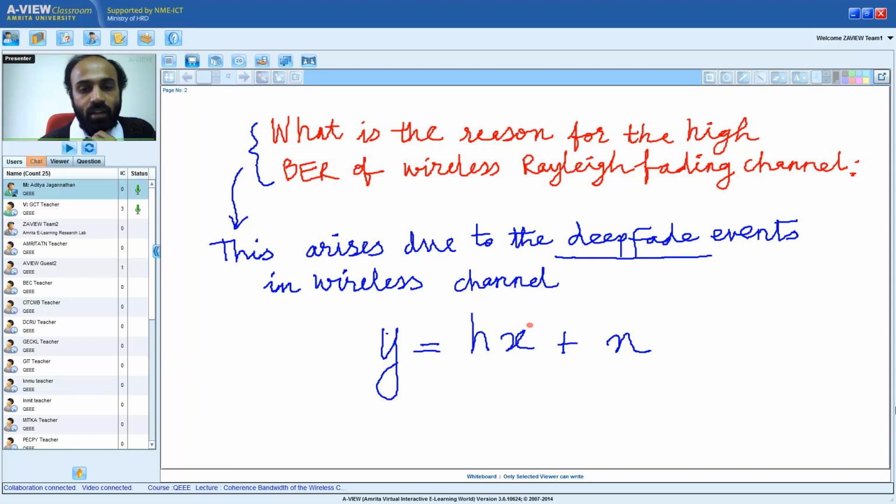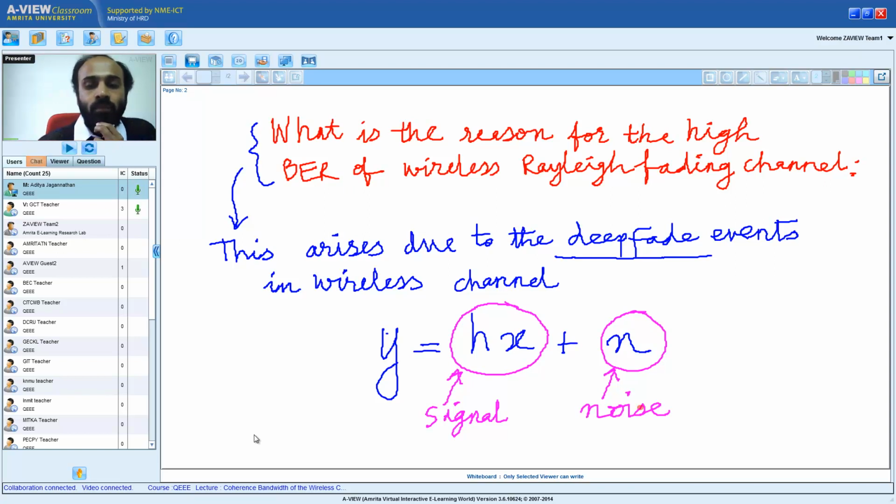Here hx is the signal part and n is the noise part, so we have both the signal and the noise.